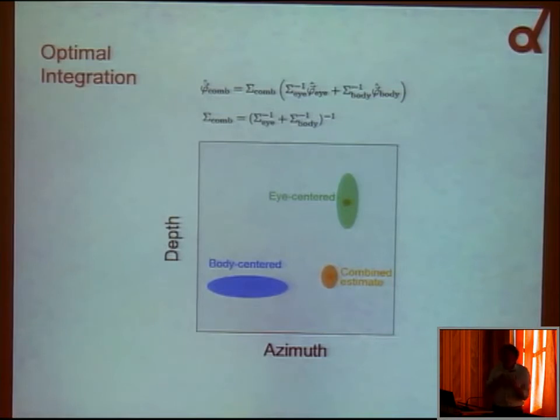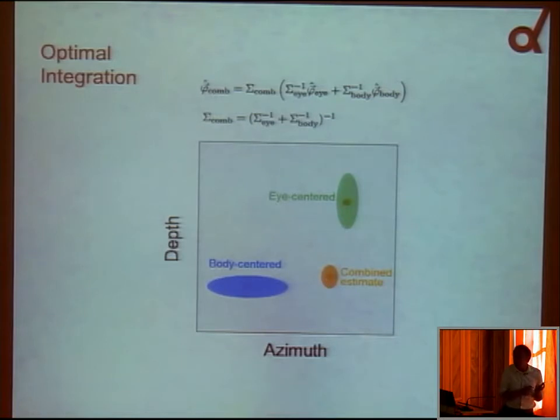But because your gaze rotates while making the movement, that noise rotates in another dimension in the gaze frame. And that notion is what we're going to use, and this is really schematic. So if this is your body-centered representation, and this is your gaze-centered or eye-centered representation, if the brain is an optimal integrator, it integrates these two and it gets a very precise representation. Because it takes the best of the two worlds. It takes the best dimension, let's say in depth, and the best dimension in the azimuth direction.